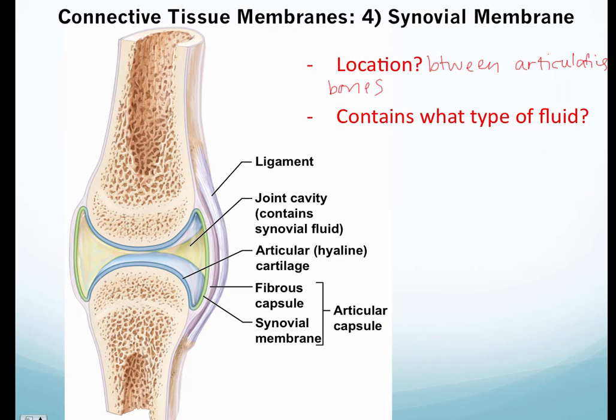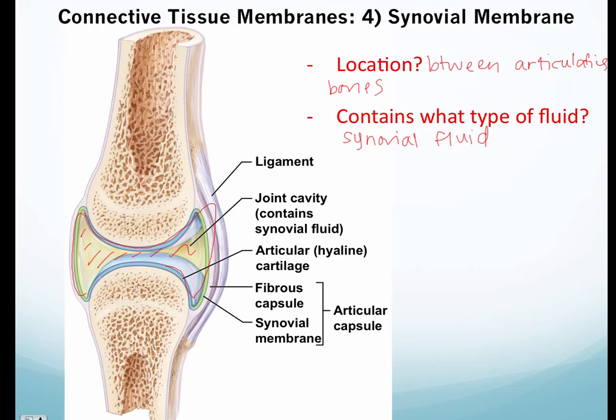Okay. And what does it contain? It contains synovial fluid. And so here is all that synovial fluid. Here is our synovial membrane. Okay, so synovial membrane here in that green.